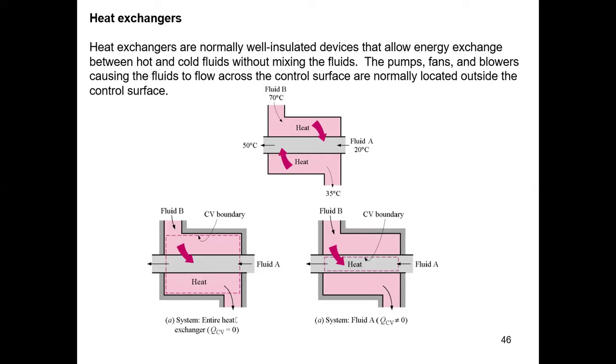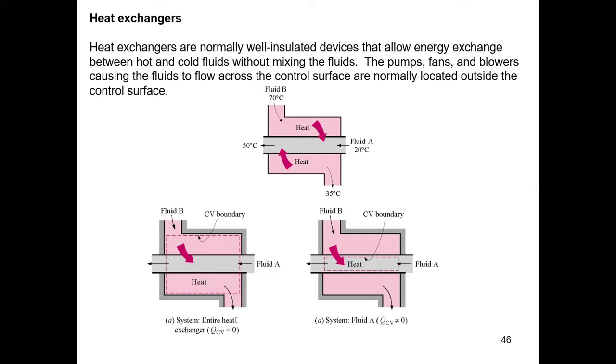So they are showing different systems. Let's see, the fluid B coming in, and this is the control volume boundary shown. And then fluid B going out is shown. The system is the entire heat exchanger.